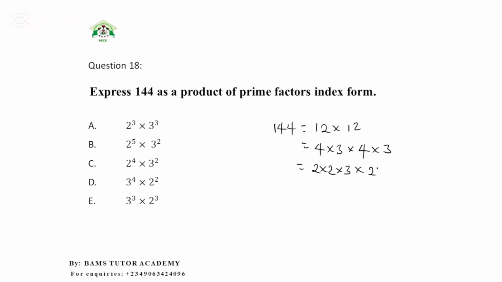Then what's 4 again? 2 times 2. So how many 2s can we count? Can we count together? 1, 2, 3, and 4. So 2 is to the power of 4. How many 3s can you see here? Just 1 and 2. So 3 is to the power of 2. So which option corresponds to this? Option C. Very easy stuff, right?